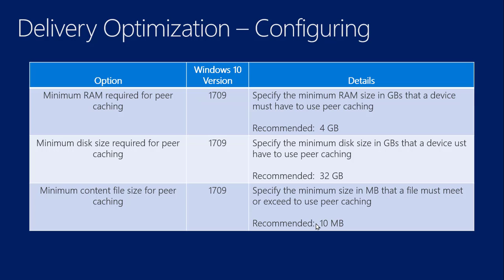Because what this setting does is if you have files that equal or exceed this setting, they will be stored in the cache and will be eligible for sharing to a peer. But if they aren't this size, then they will need to be downloaded directly from the content source, right? The idea being trying to strike a balance between storing every single little file and just storing the ones that will give you the best optimization for usage across your network.